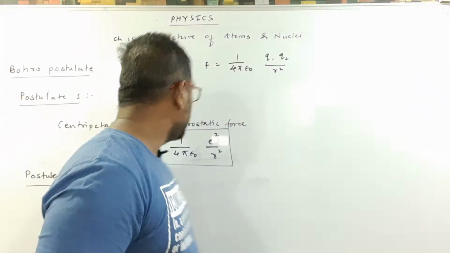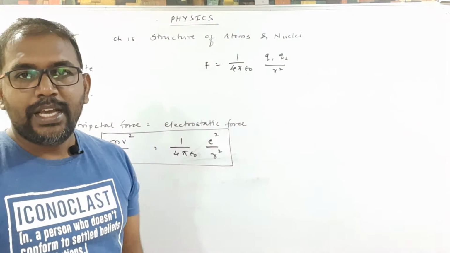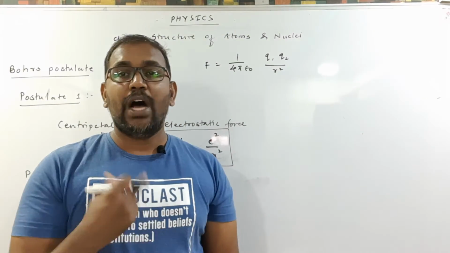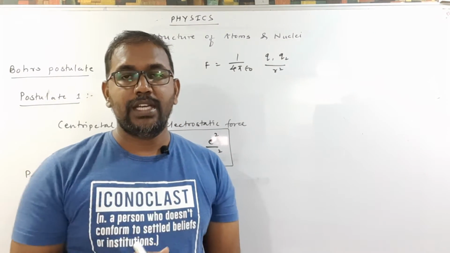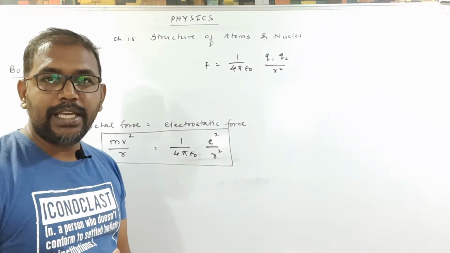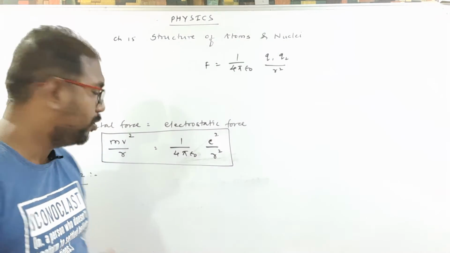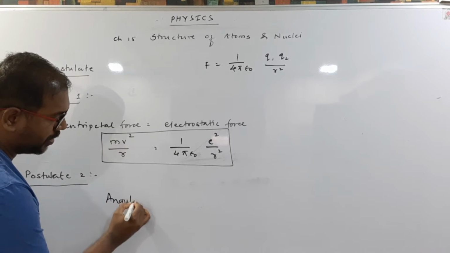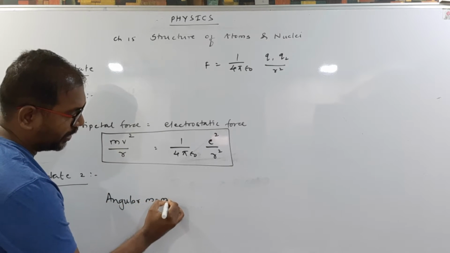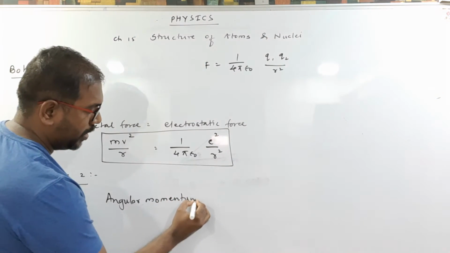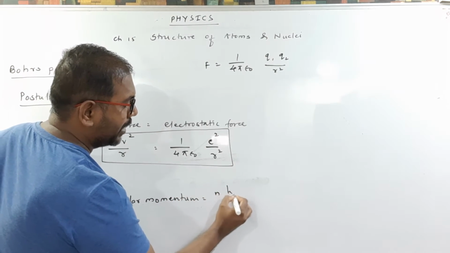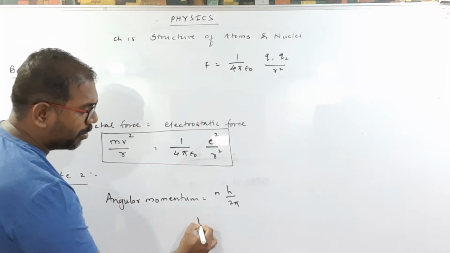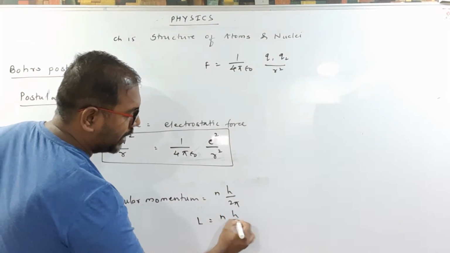So listen, postulate 2: an electron revolves without radiating energy only in those orbits for which the angular momentum is an integral multiple of h upon 2 pi. So I can write here: angular momentum is equal to an integral multiple of h upon 2 pi. So the angular momentum L is equal to nh upon 2 pi.